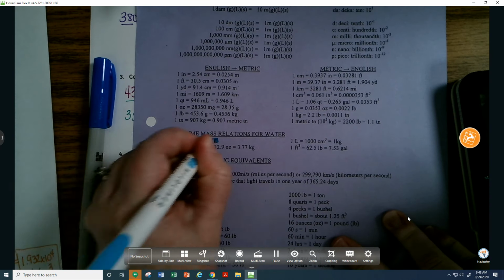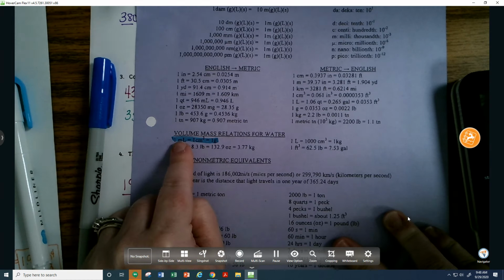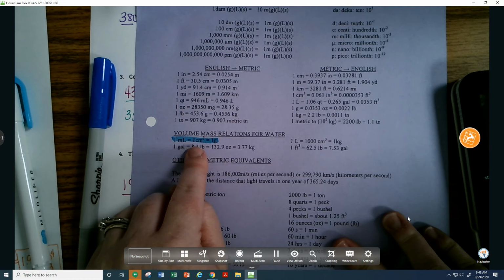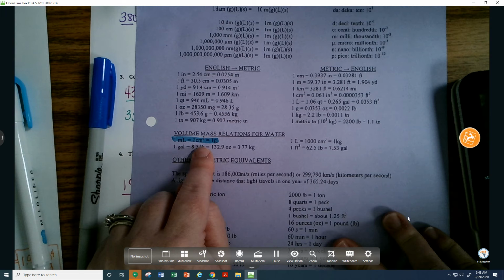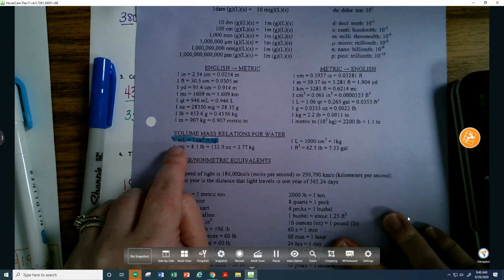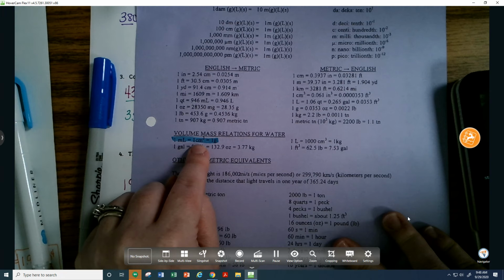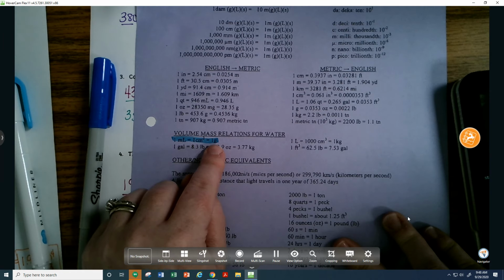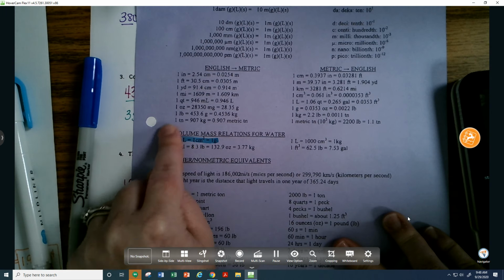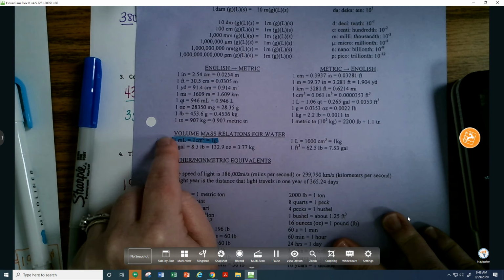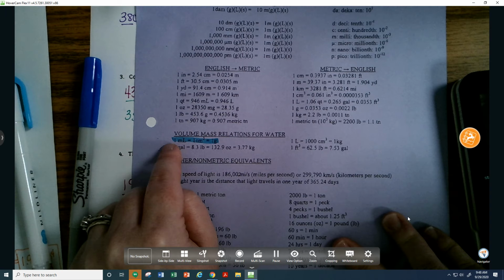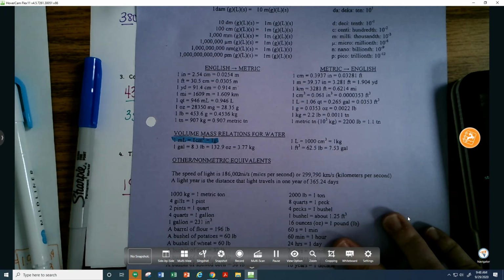We haven't really used this part of the Holy Grail sheet, but this really becomes important with a few things that we do with density and measurements. So if you have 1 milliliter of water, you can assume that its volume is equal to 1 cubic centimeter, which is equal to 1 gram. We're going to use this scenario with our gold, but again, this is more of a constant for water.